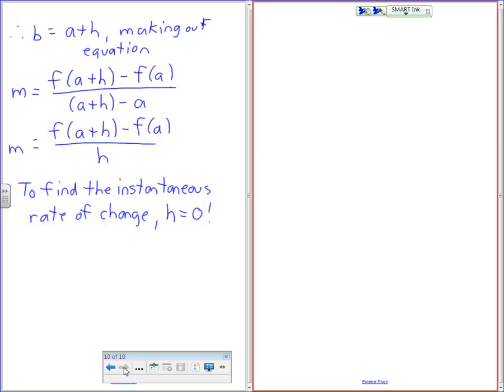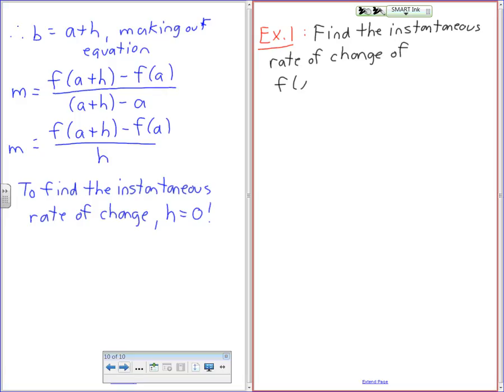Here we go. So, example 1. Find the instantaneous rate of change of f of x equals 2x squared at the point 1, 2.